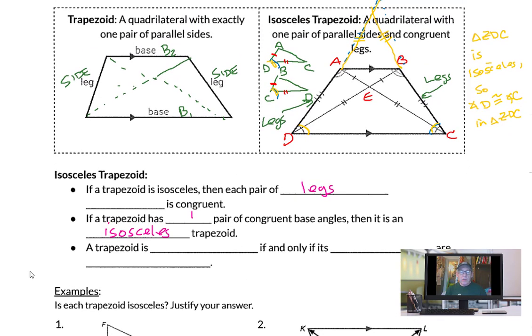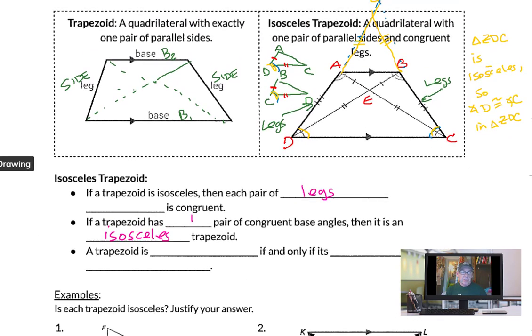Okay, a trapezoid is isosceles if and only if its diagonals are congruent. So if it's got congruent diagonals and it's a trapezoid, then it's going to be an isosceles trapezoid.